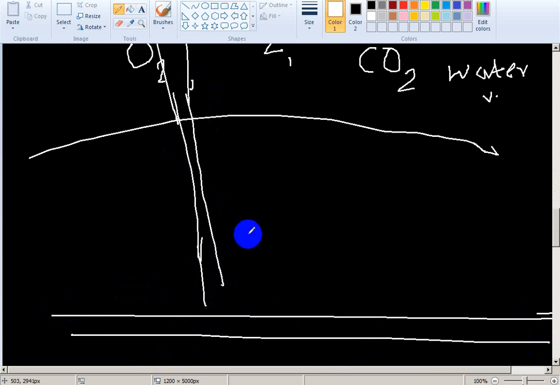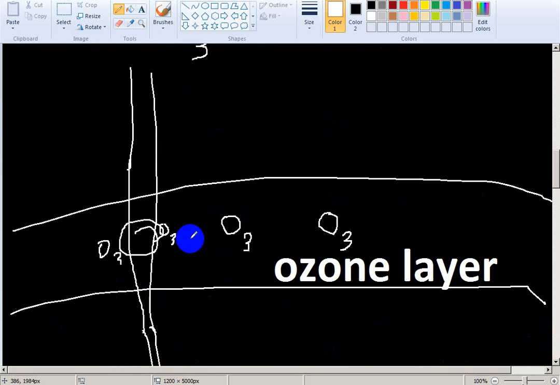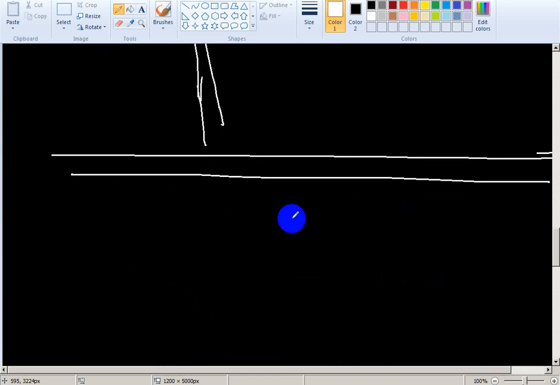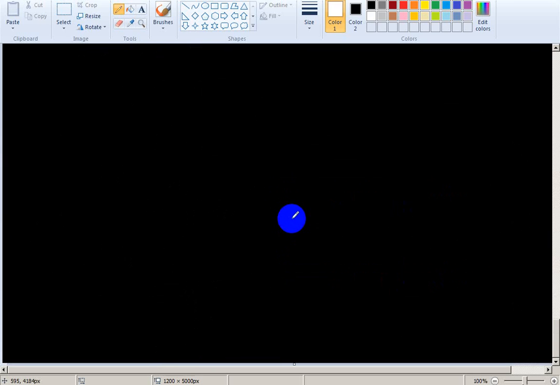So day by day the ozone layer is becoming a hole because depletion occurs. UV radiation travels through the hole and comes to the Earth's surface.